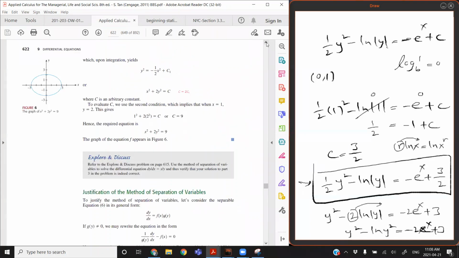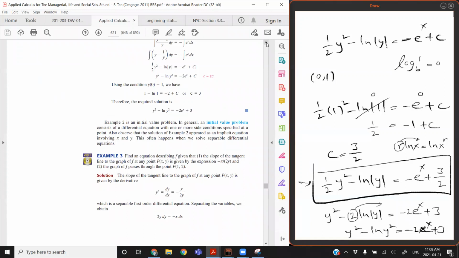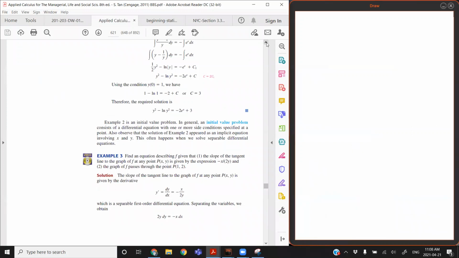Okay, let's do one more example. Example 3. It says find an equation describing f given that you have these two conditions. One, the slope of the tangent line to the graph of f at any point (x, y) is given by this expression, minus x over 2y.